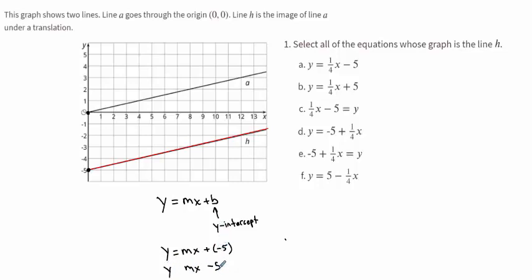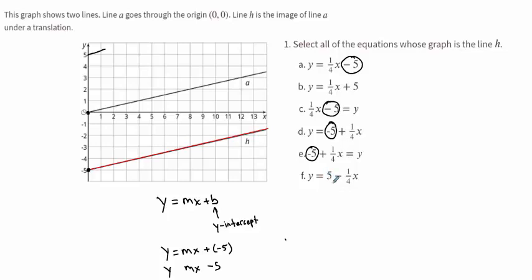So let's look for this negative 5 in these equations. Here we have a negative 5. That's a plus 5, which would make it go up, so that's not it. Here is a negative 5. Here's a negative 5.